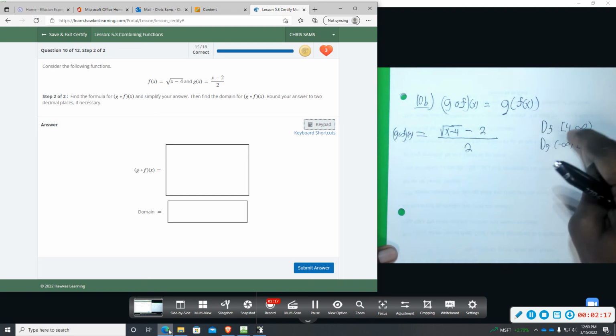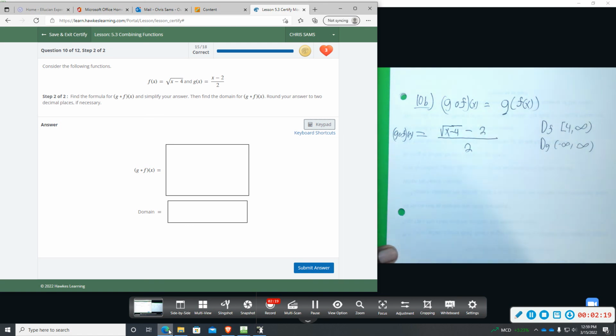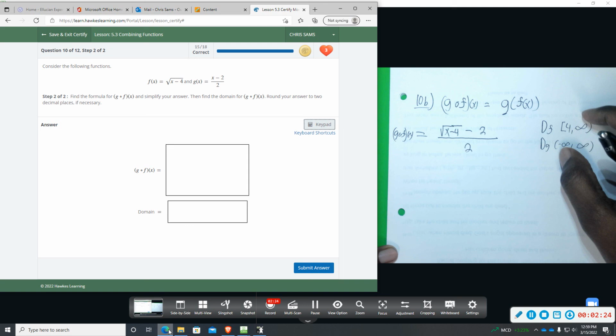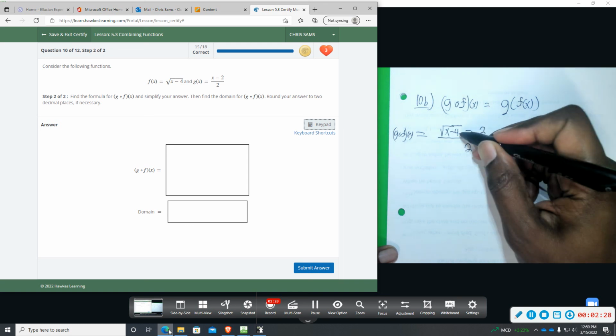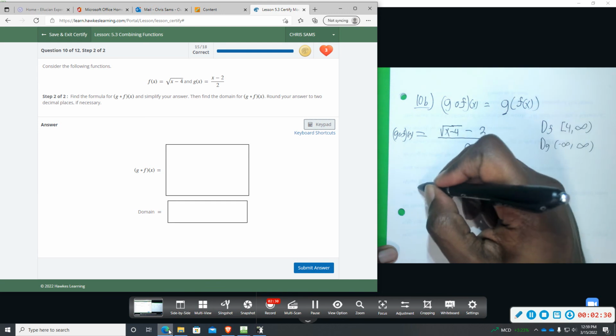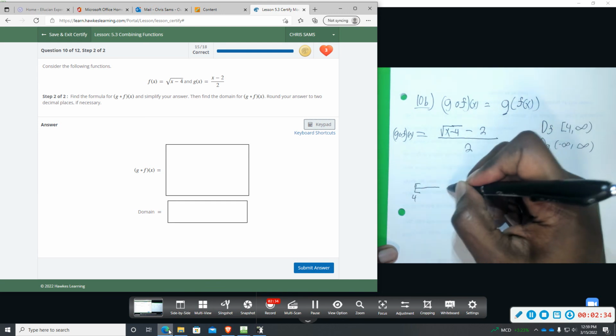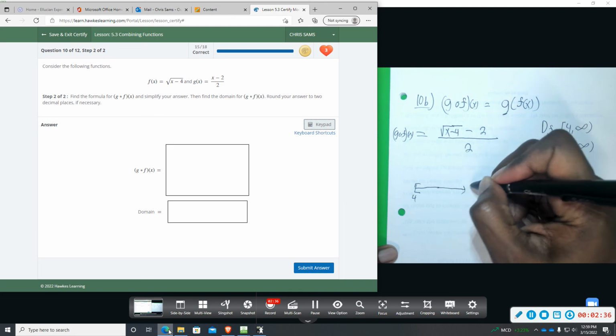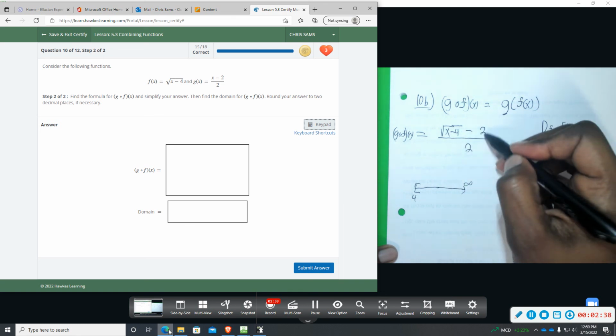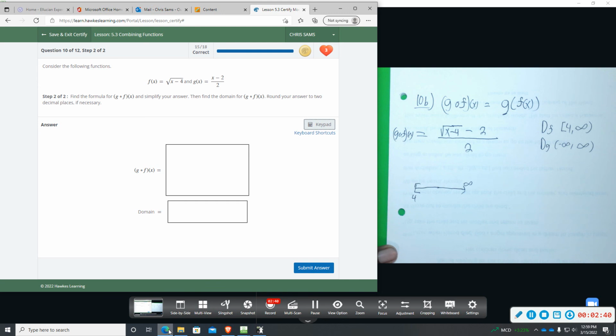Your domain starts there, and then you remove any restrictions. But I don't want to say the overlap because last time it changed quite a bit. So you start with the one that you plugged in. So our domain is starting from 4 to infinity.